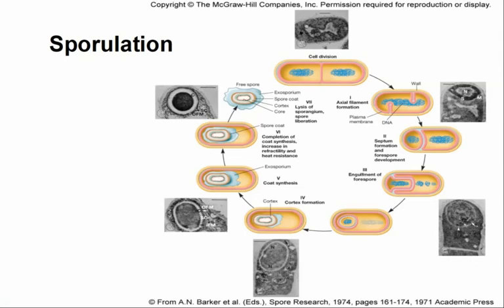So that makes sense. But from a fundamental biology point of view, this is very interesting because you've got two fundamental processes going on here. One of them is cell differentiation.